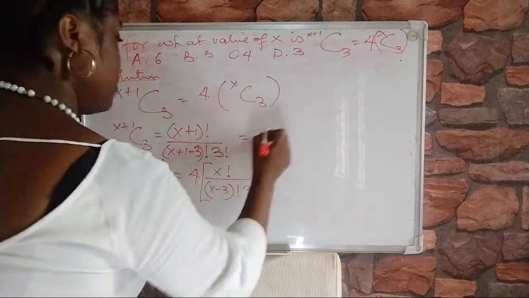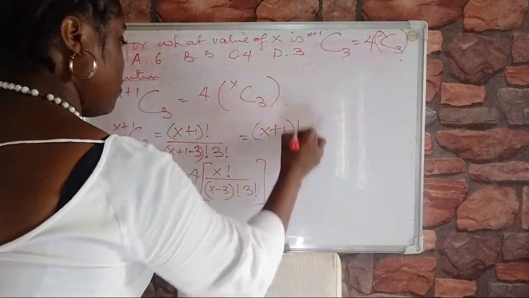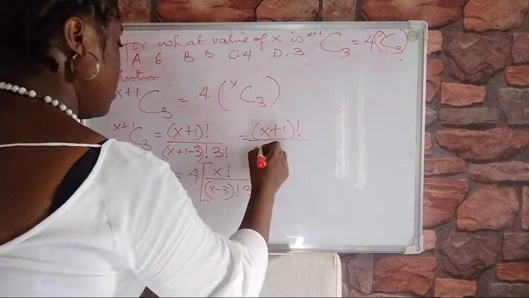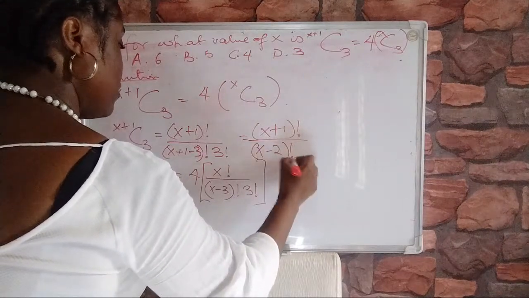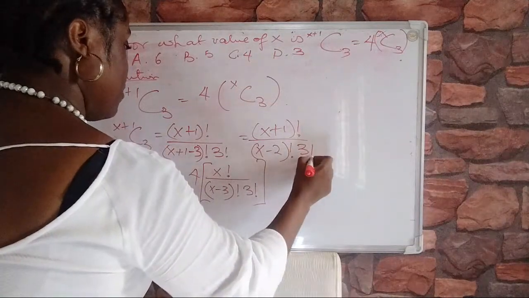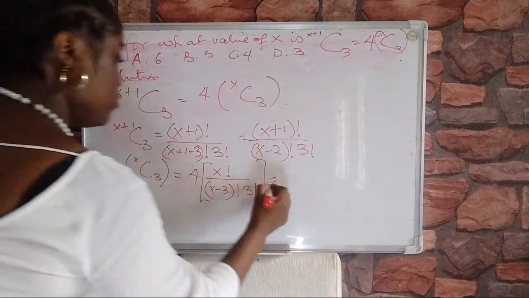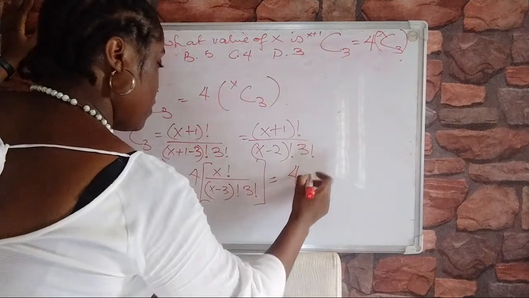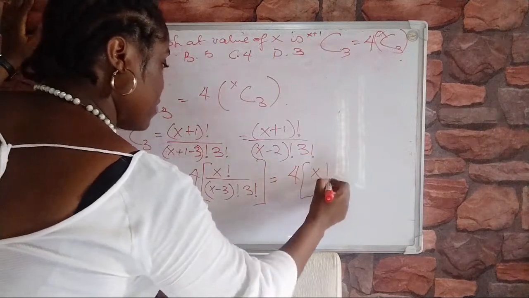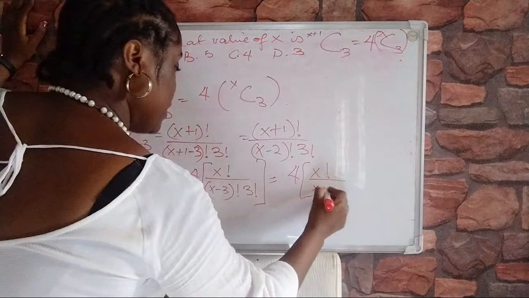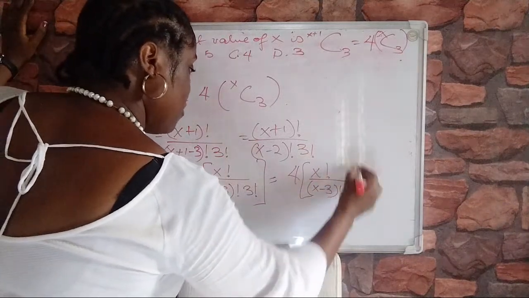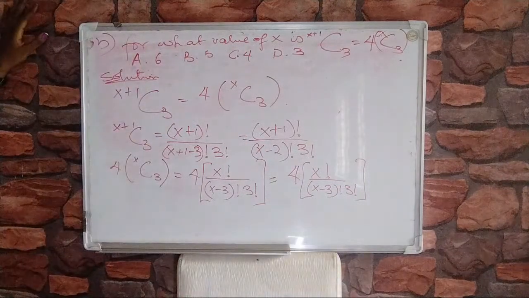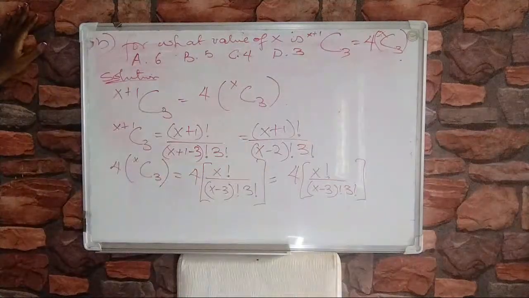So this will be x plus 1 factorial all over x minus 2 factorial times 3 factorial. While this will be 4 bracket x factorial all over x minus 3 factorial times 3 factorial. All right? Are we good to go? Yeah.